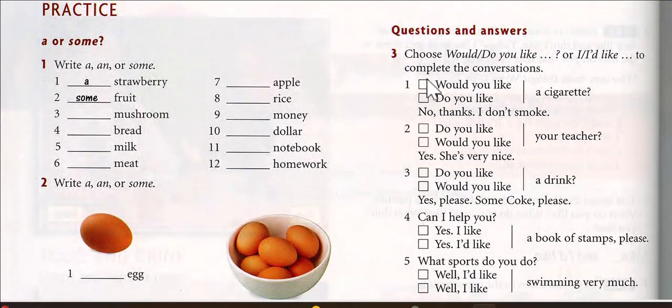So you have to select either this or that. So, would you like a cigarette? No, thanks. I don't smoke. Here, do you like your teacher? Yes, she is very nice. It's not would you like. You are not offering the teacher, right? So, this difference you should know and complete the exercise.